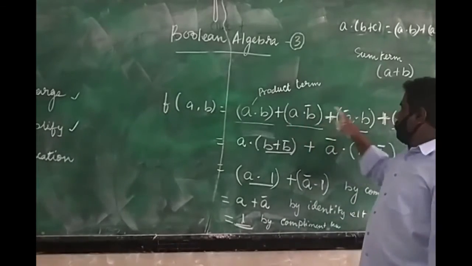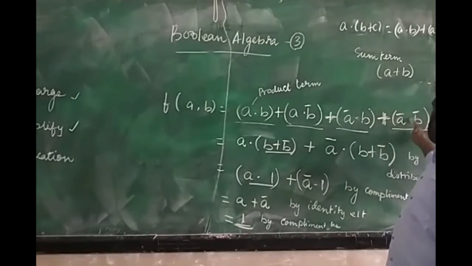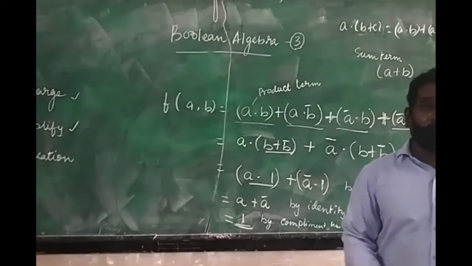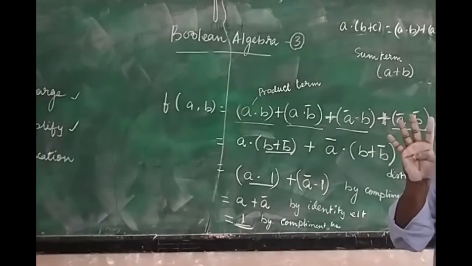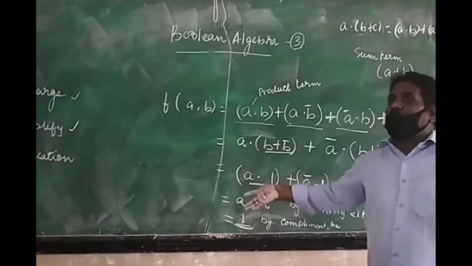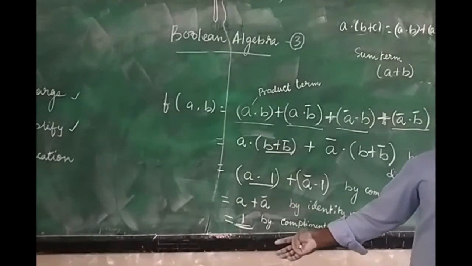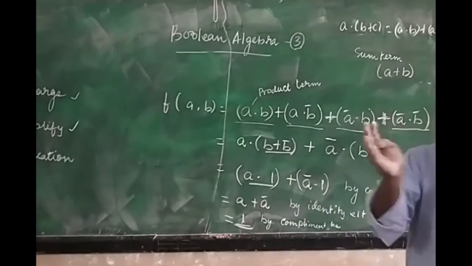Here 1, 2, 3, 4, 5, 6, 7, seven operators are there. We are minimizing them into no operator.